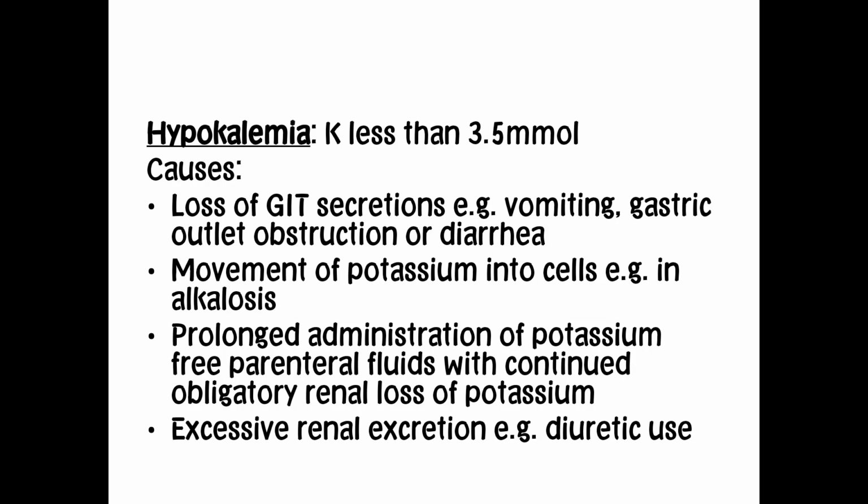Causes of hypokalemia could be increased losses through the gastrointestinal tract, maybe through vomiting. It may also be due to gastric outlet obstruction that would also cause vomiting, or it could also be diarrhea. All these cause excessive secretion of cations alongside body fluids, and you end up having hypokalemia.